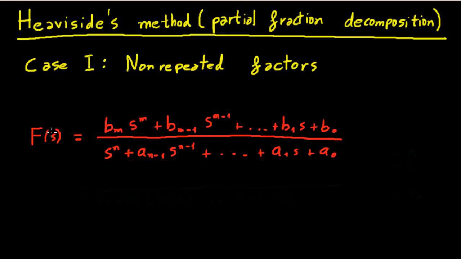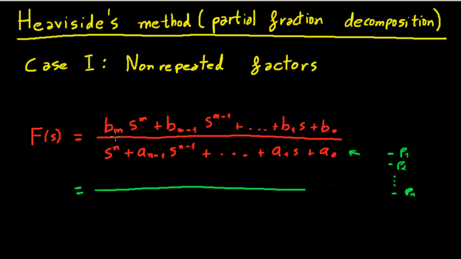So if F of s is the rational function whose inverse Laplace transform we're trying to find, then the first thing we have to do is to rewrite the function according to its poles. That is, we need to find the roots of the denominator, and those roots are minus p1, minus p2, all the way to minus pn.